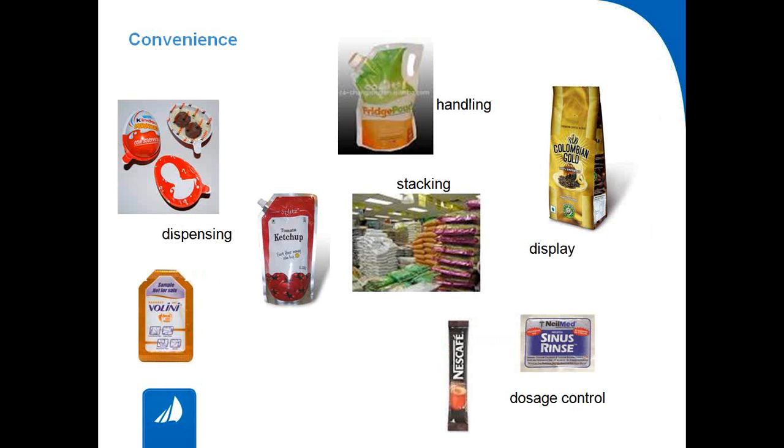Convenience includes dispensing needs. A very good example is Kinder Joy. It's an egg. You tear it apart and get two containers in your hand, still closed and packed. Then you can easily peel off the lid from the containers to get either the toys or the food.